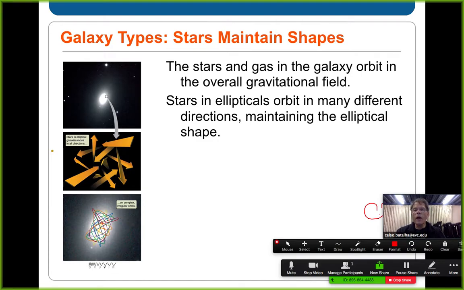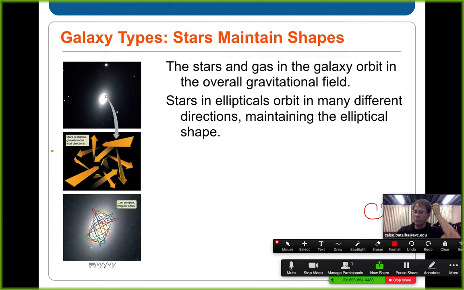So how is it that the shapes of the galaxies are maintained? Let's take a look at elliptical galaxies. Elliptical galaxies have a smooth distribution of brightness from their very central part all the way to the extreme parts.